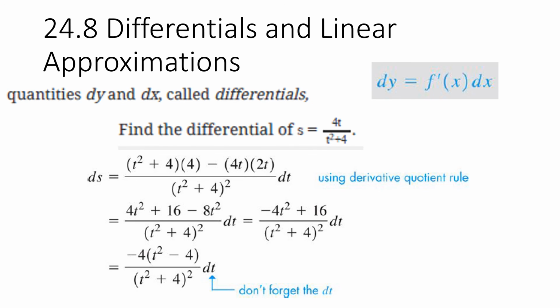Remember that the quotient rule says v times du minus u times dv, divided by v squared, right? So here I've got t squared plus 4 times the derivative of 4t, which is 4, minus 4t times the derivative of t squared plus 4, which is 2t. All of that divided by t squared plus 4 squared. So that's the quotient rule.